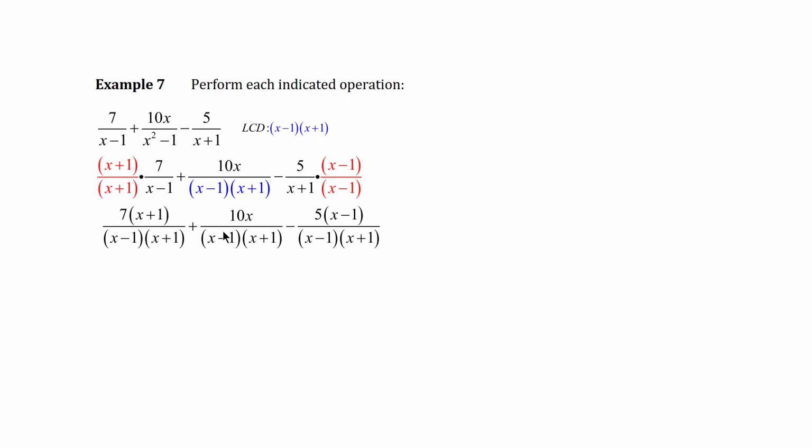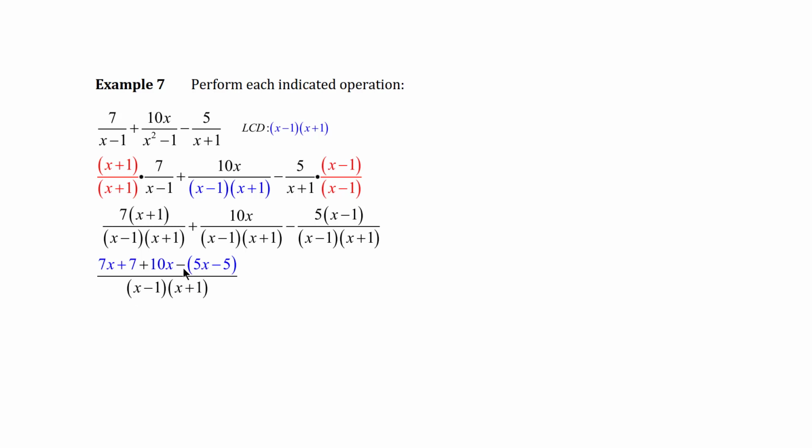Next, we could distribute the 7 inside the parentheses to the x plus 1. We could also distribute the 5 inside the parentheses to the x minus 1, as well as combine everything together under one fraction. The result is 7x plus 7 plus 10x minus (5x minus 5) all over (x minus 1)(x plus 1).